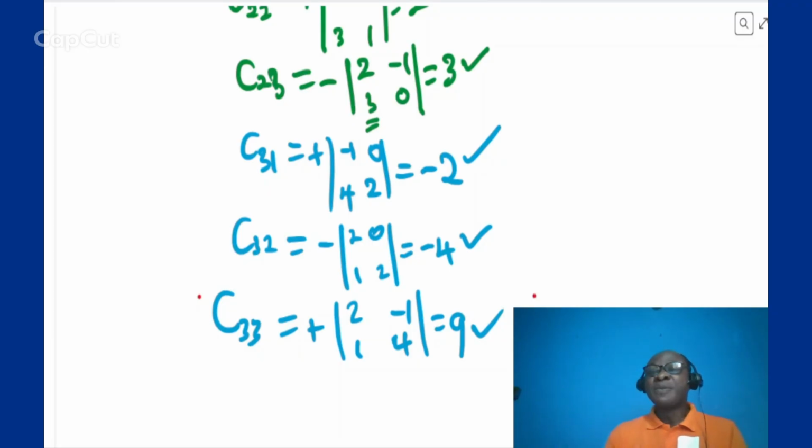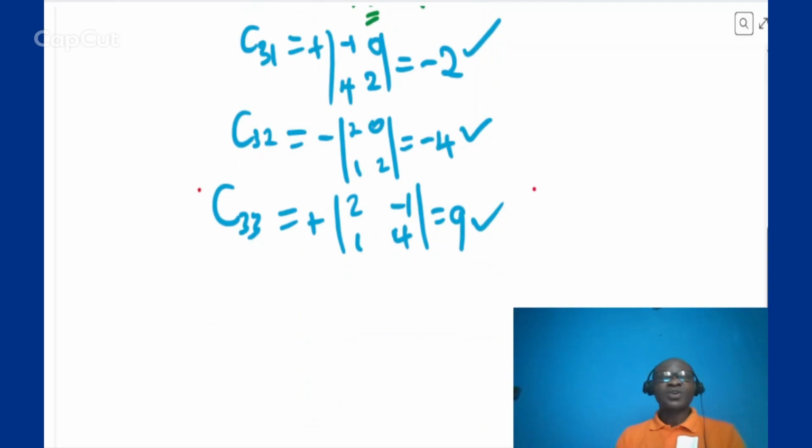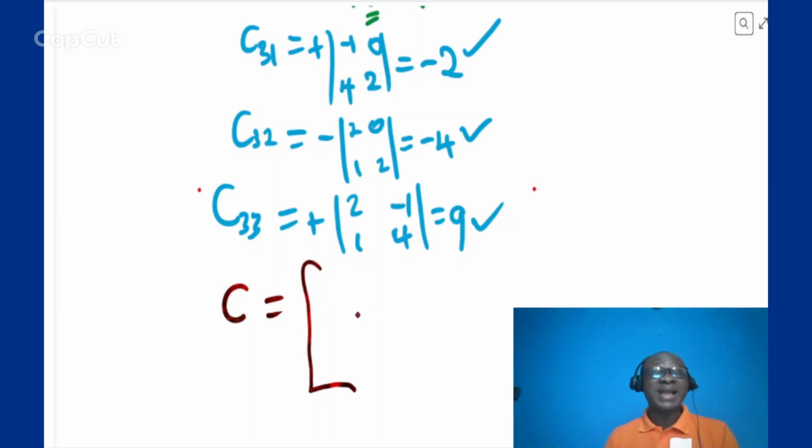Now, it means that the cofactor matrix, are you listening? Yes, sir. The cofactor matrix is what we are looking for. We want to use it to find what is called the adjoint matrix. So on this line, I'm going to get 9, minus 4 and 2.